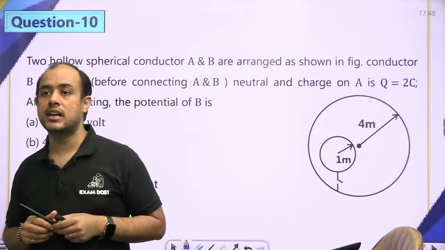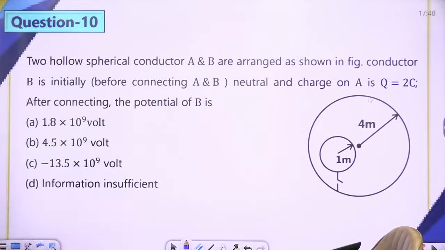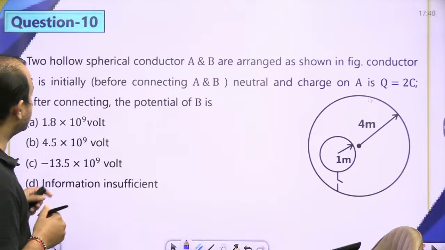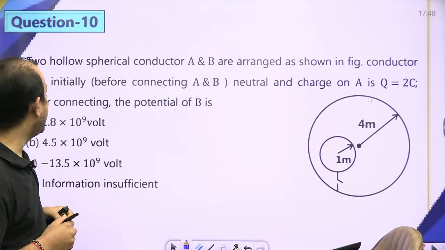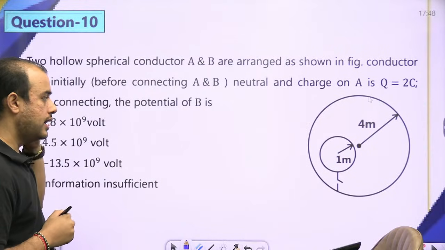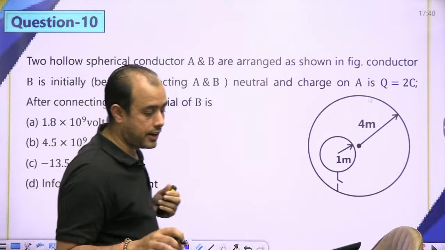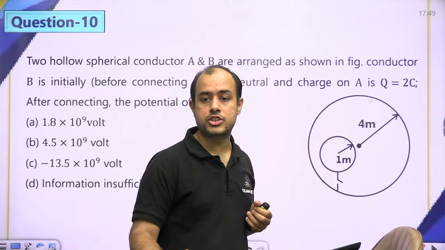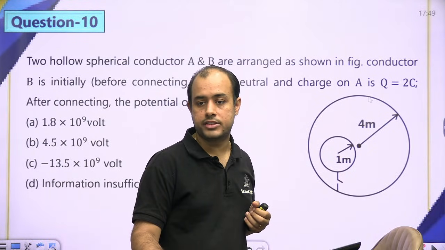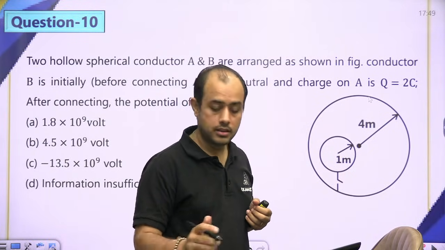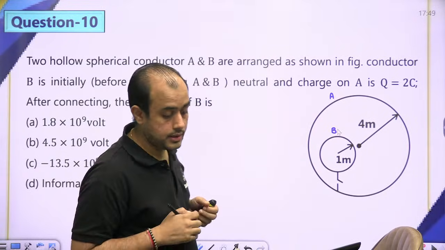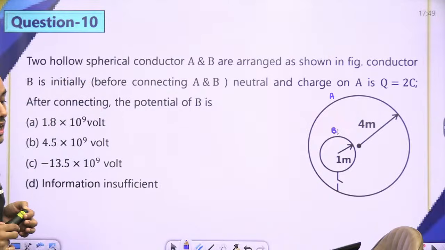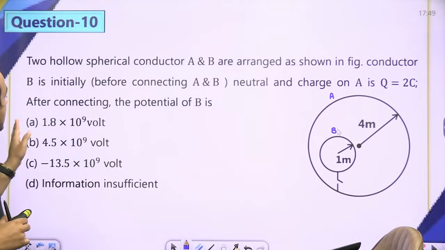Two hollow spherical conductors A and B are arranged as in the figure. Conductor B is initially neutral, okay, and charge on A is 2 coulomb. After connecting, what is the potential of B? Let me check which ones are A and B. So this is A, this is B. So charge on A is 2 coulomb, B is neutral.